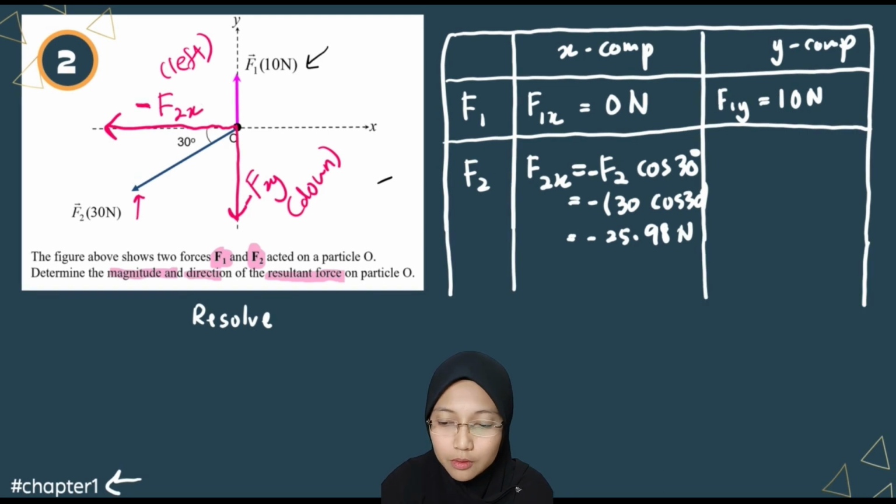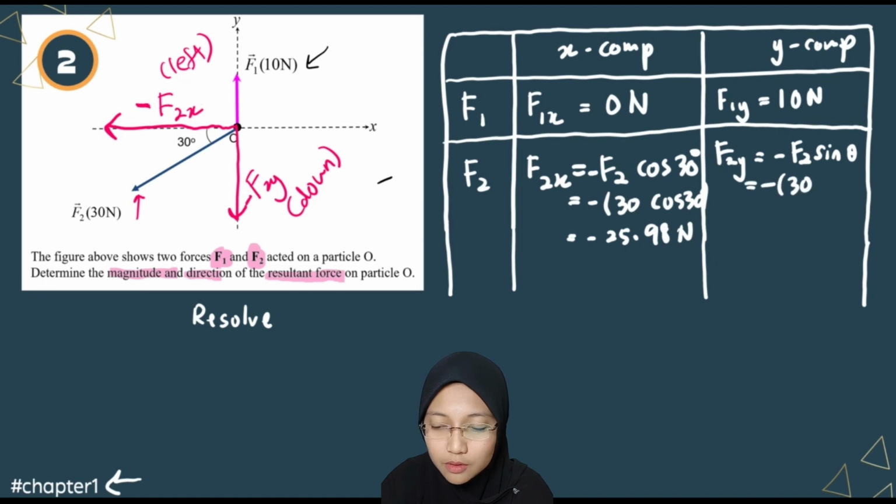Next for F2y, the equation is negative F2 sine theta. When we substitute the values, it's negative 30 sine 30. Then you'll have your F2y as negative 15 Newton.